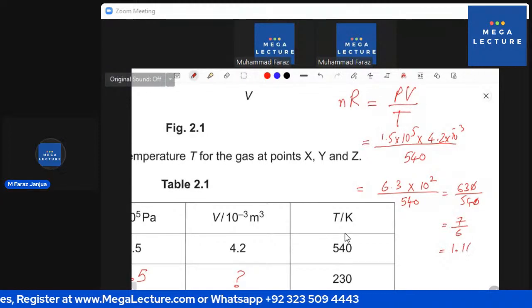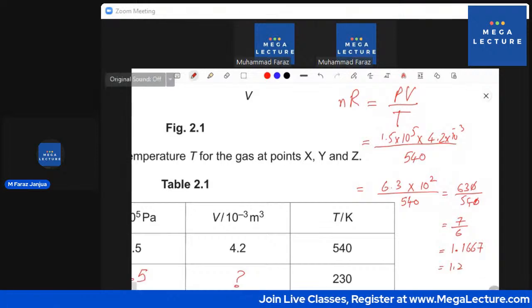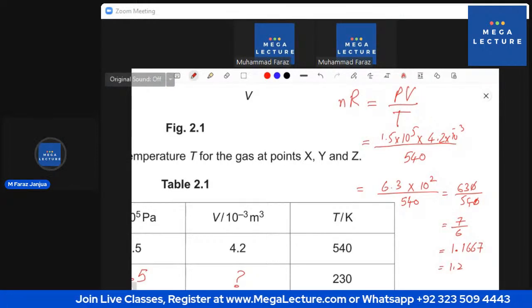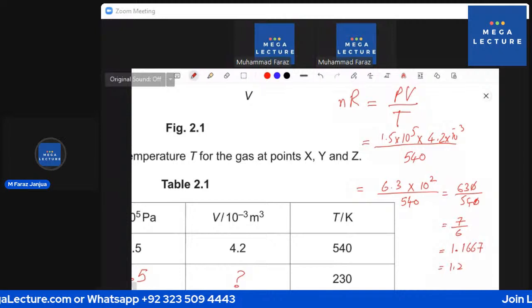1.1667. So you can say 1.2. So this is the value of n into R. Can we use this to find the unknown?